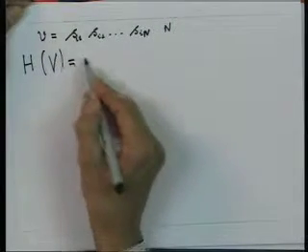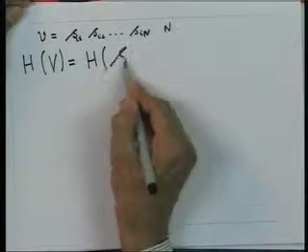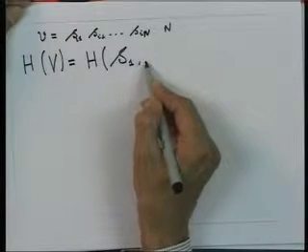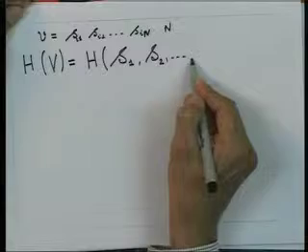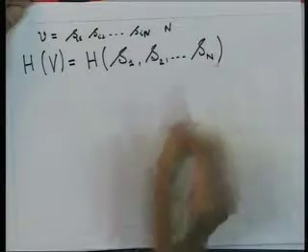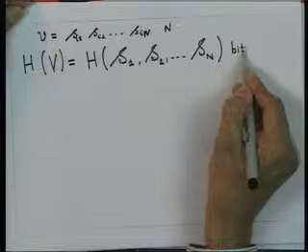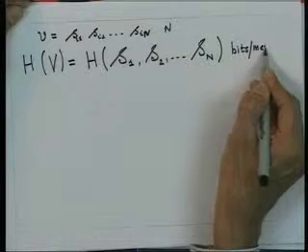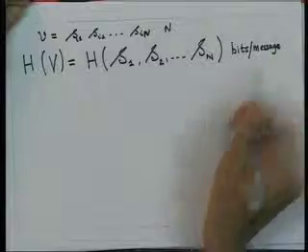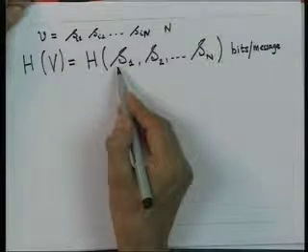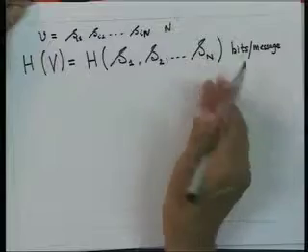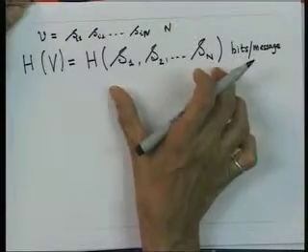Let us analyze this. If I want to calculate the entropy of this, then I can write the entropy H(V) is nothing but H of S1, S2 to SN. So, this is the information which I get from messages consisting of N symbols.